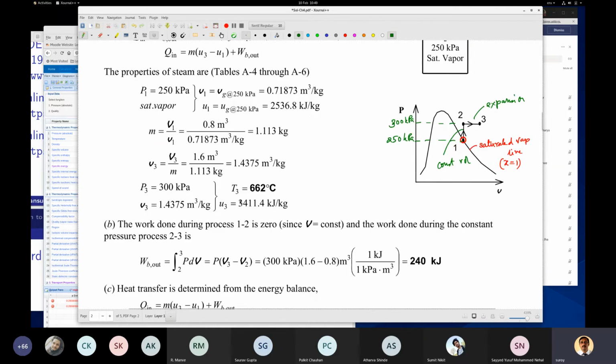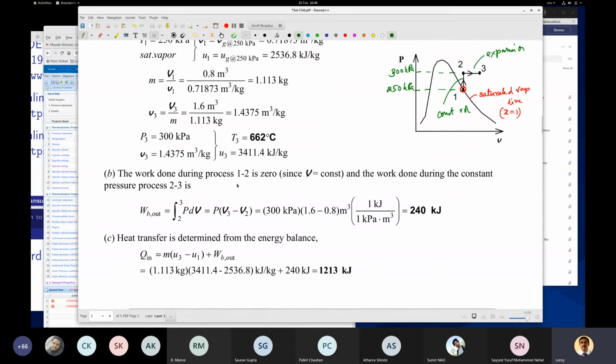So here, what is the work done? If I know 1 and 3, then from 1 to 2 there is no work done, right? Because it is the area under that line, the area under that line. That is what we have to look up, right?